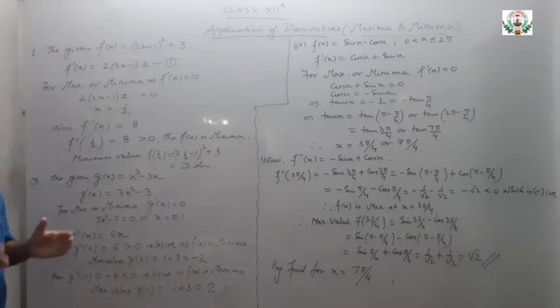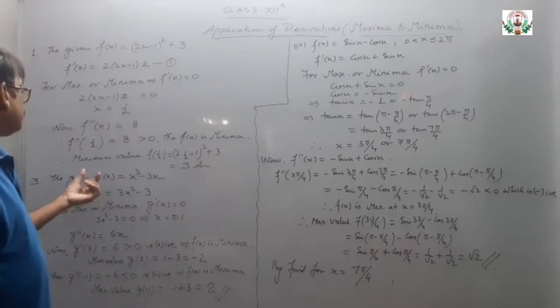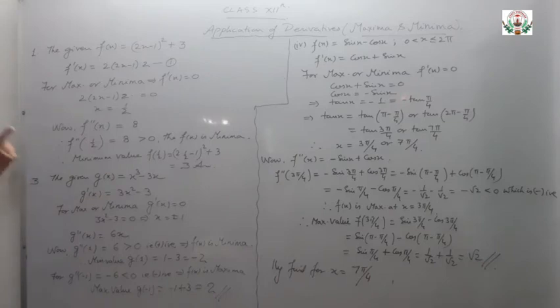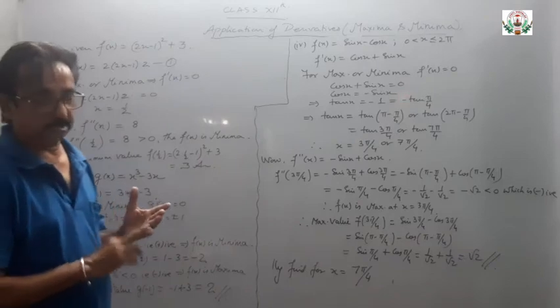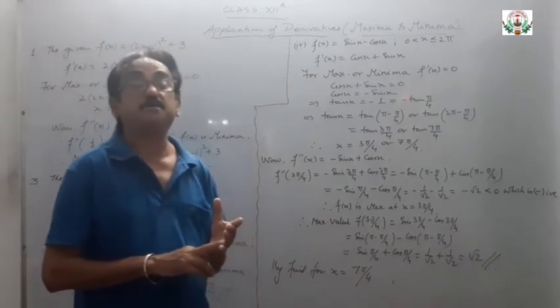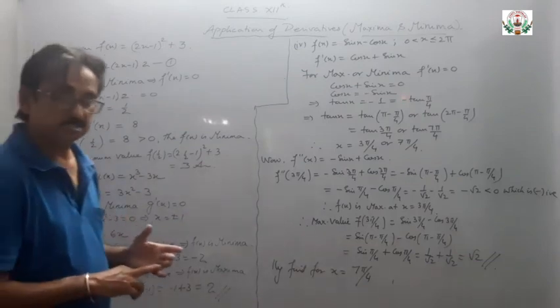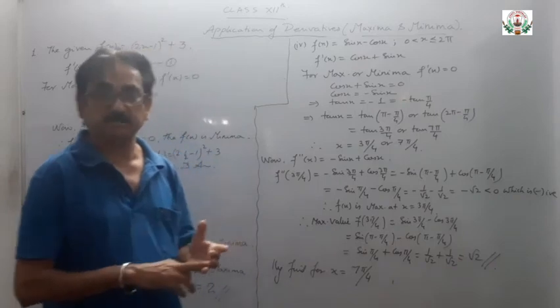If the second order derivative's value at that point is positive, greater than 0, then the function will be minimum. And if it is negative, less than 0, then the function will be maximum.